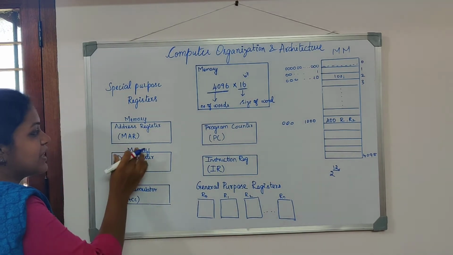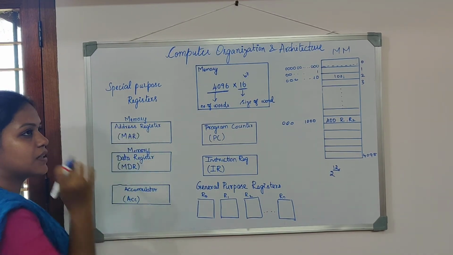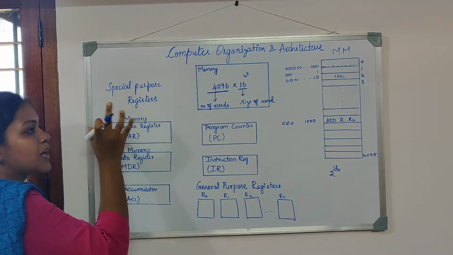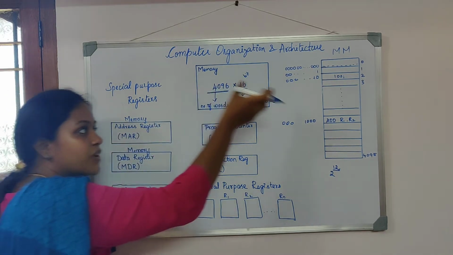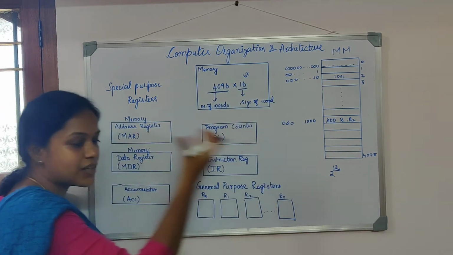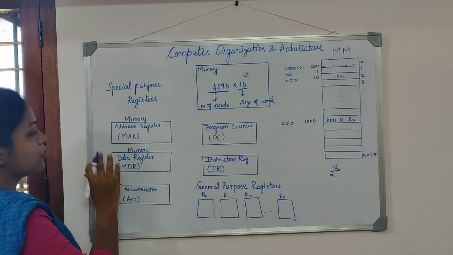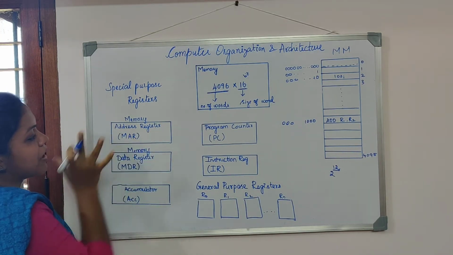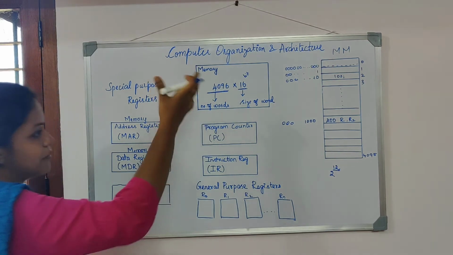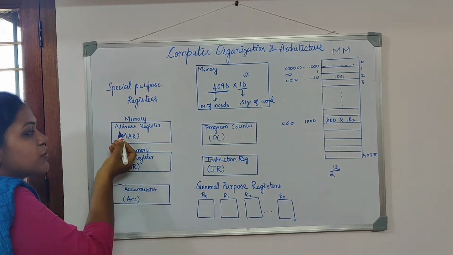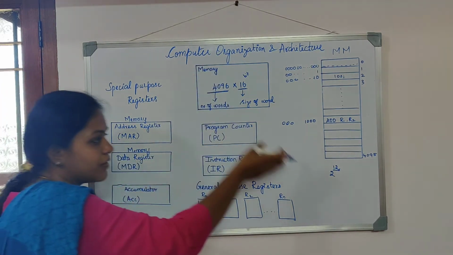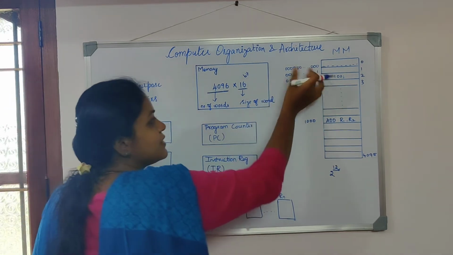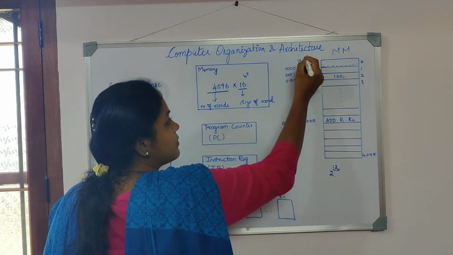Basically this memory address register is used to store the address so that it can fetch the data and the instruction from the main memory. What will be the size of this memory address register for our example? It basically stores the address in the main memory, and the address is 12 bits long.